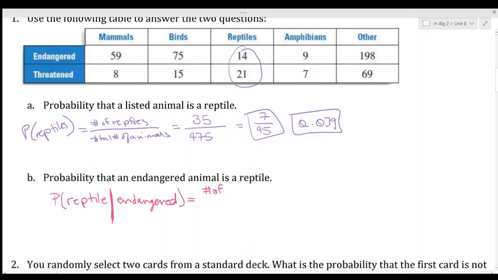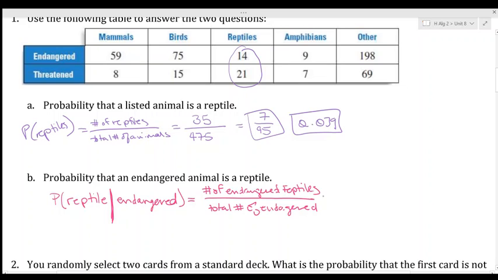Back to it. So it's the number of endangered reptiles that we're looking for over the total number of endangered. I feel like I spelled that wrong. So your top focuses specifically on endangered reptiles, while your new, different total is going to be just endangered animals.